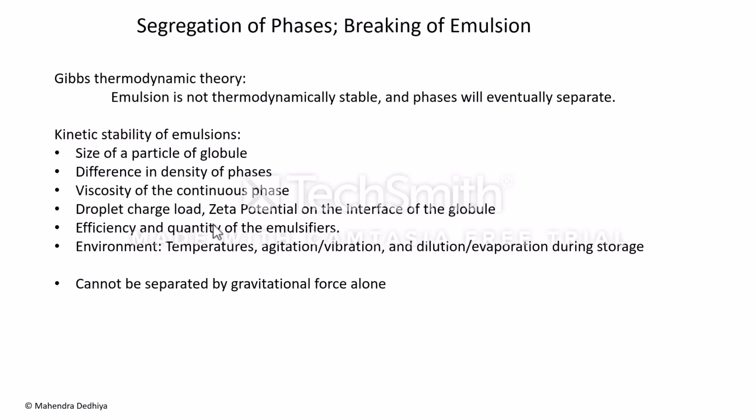In addition to that, temperature, agitation, vibration, pressure, dilution, and evaporation will all impact emulsion stability, and we will cover that in the pre-formulation submodule. Emulsion cannot be separated by gravitational force alone. So in the next chapter, we'll look at pre-formulation in far more detail.